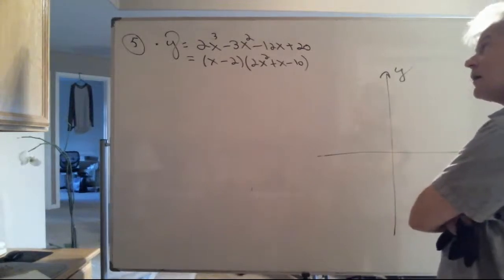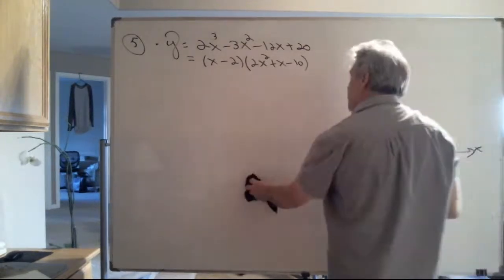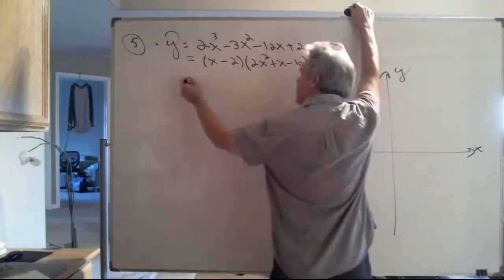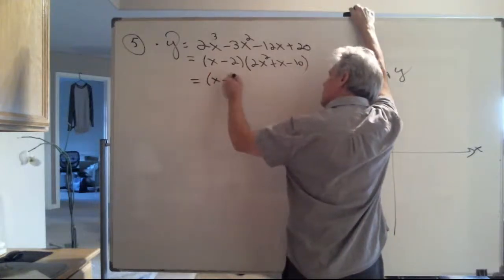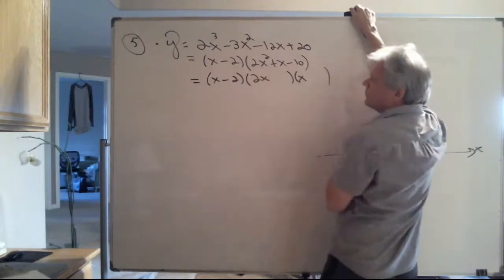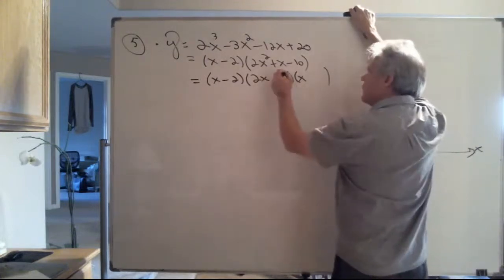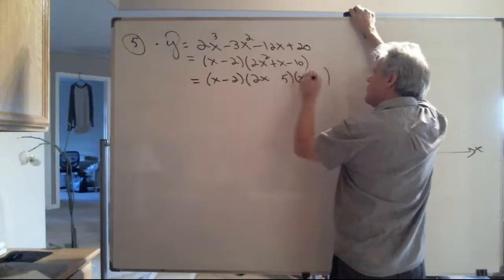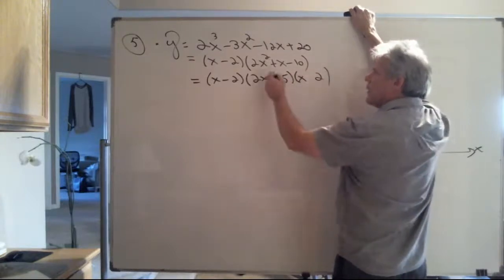Now, I did not expect this when I created this question, but it appears this trinomial factors quite nicely. I got a little lucky. I really did not mean for that to happen. So 10 is a 5 and a 2, and let's see, that'll be positive, that'll be negative.